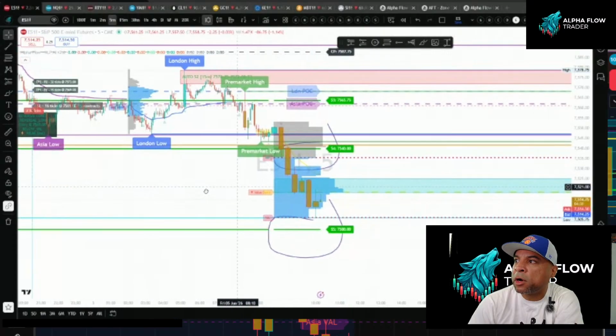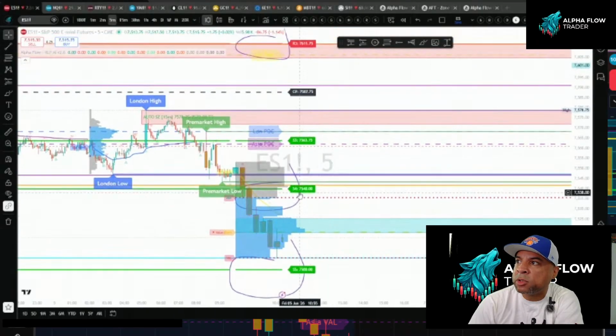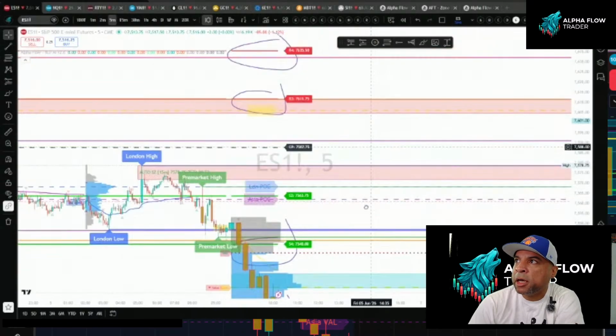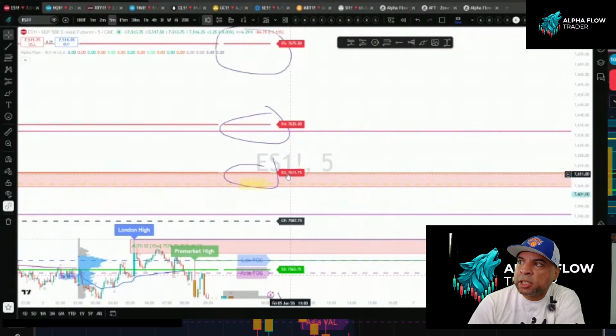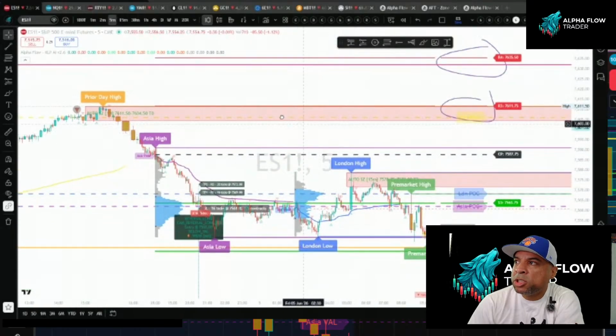Our key levels are support and resistance levels labeled S5 for support 5, support 4, support 3, and your resistance levels, R3, R4, R5. Those are a couple of the levels that we trade off of.